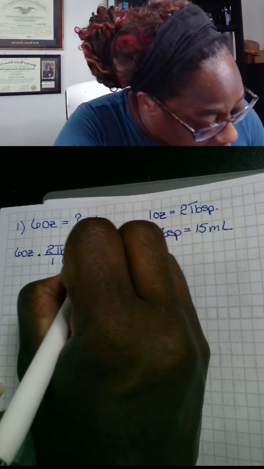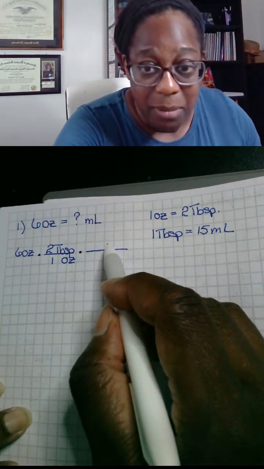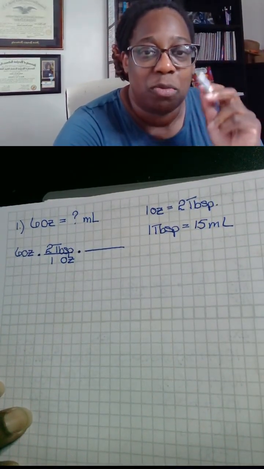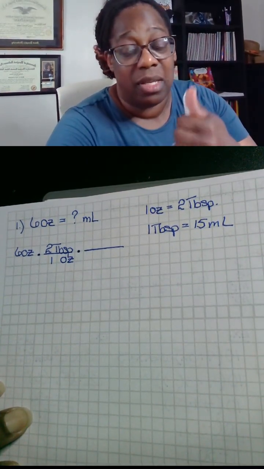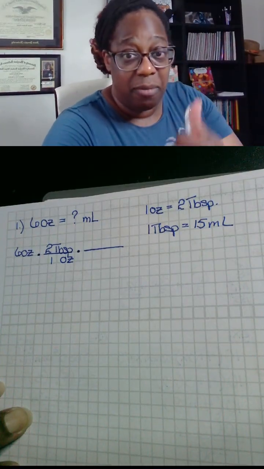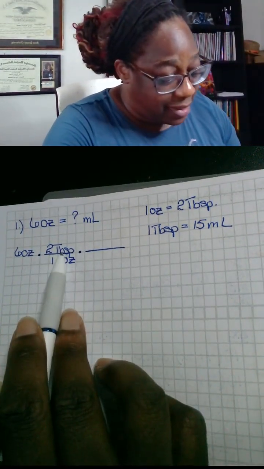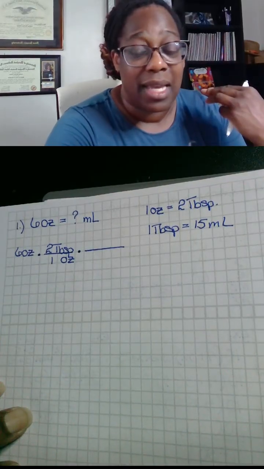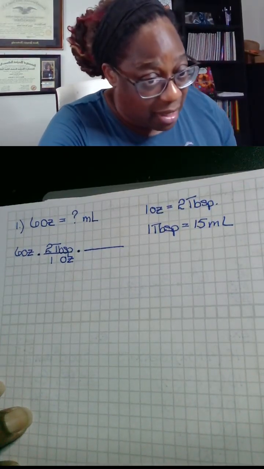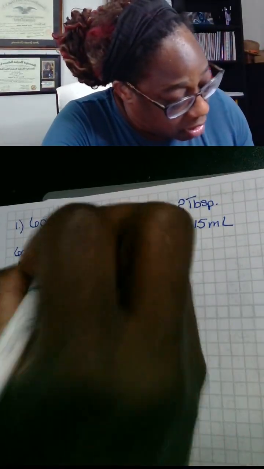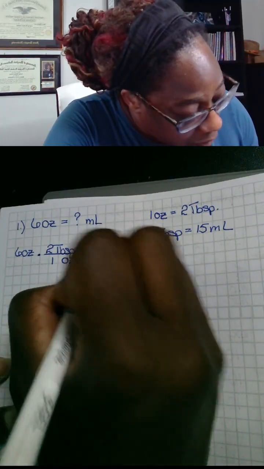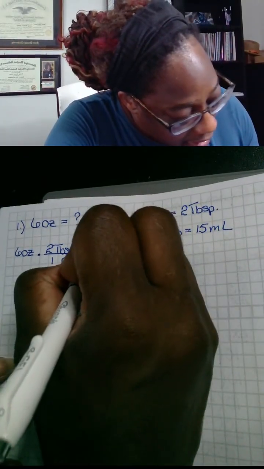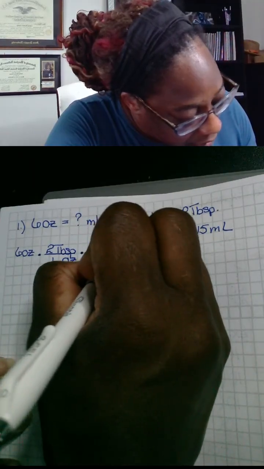Some people are confused about where to put it. Should I put the tablespoons up here? No. If you ever see something like this as a multiple choice question, tablespoons in the numerator and tablespoons in the numerator, immediate elimination. I've been working with a young lady trying to get her Regents in New York. So we have our 1 tablespoon, and that gives us 15 milliliters.